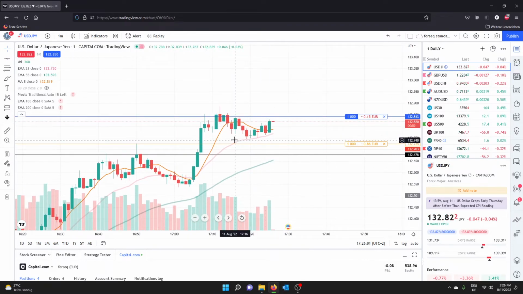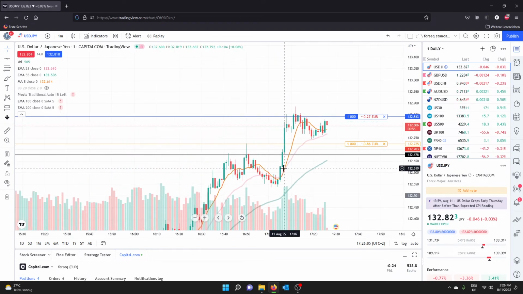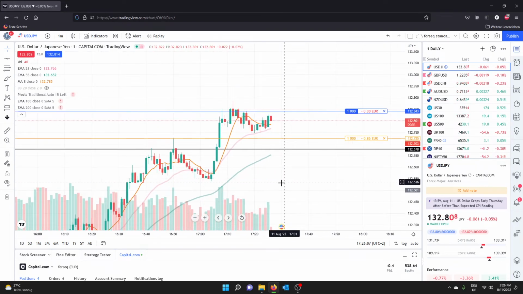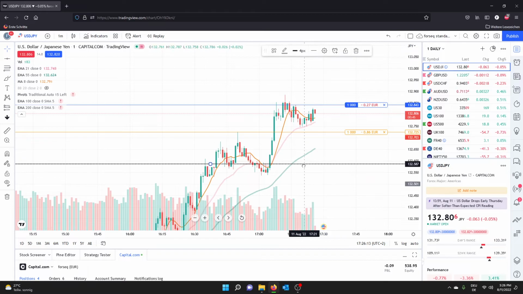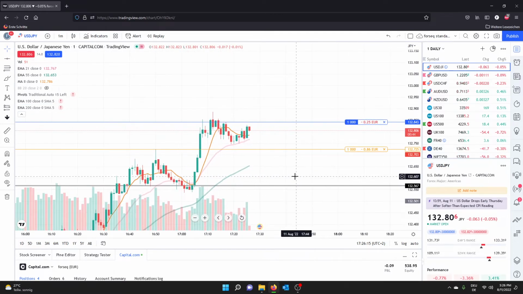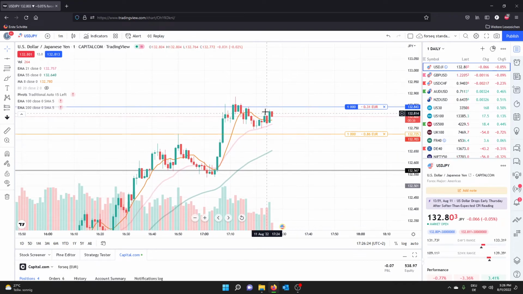And I think if this low here is broken downwards, then our trade is no longer relevant, because then prices could go down pretty fast again. So I think this is our new low, and if the price goes up from here, we have a new trend established. That would be great.